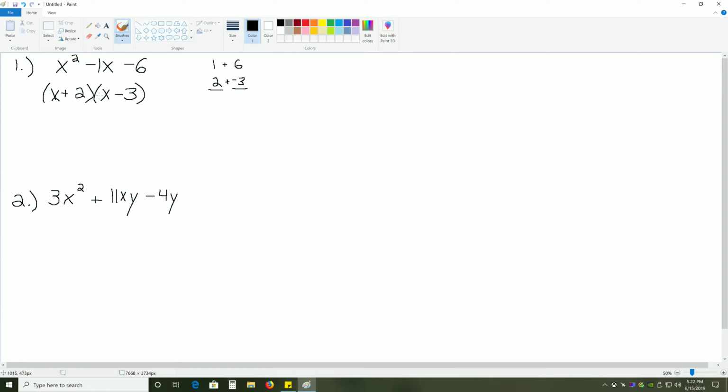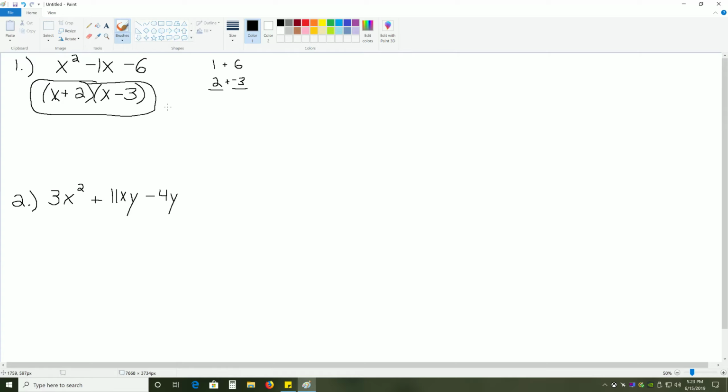So x plus 2 times x minus 3 is the factored form of x squared minus x minus 6. If you were to multiply this out, you would get back to the x squared minus x minus 6, and that's always a way to check your work.